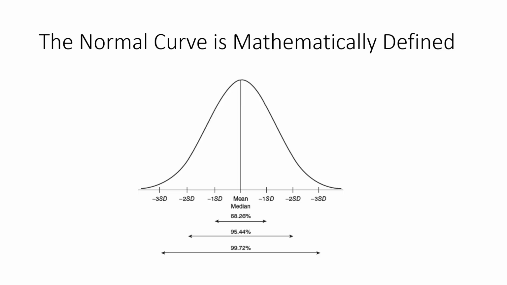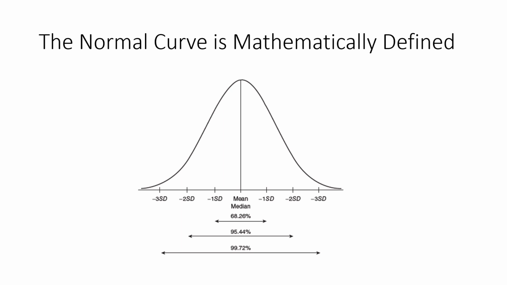Now you'll recall earlier that I said that the normal curve is mathematically defined and that our knowledge of the geography of the normal curve is what enables us to make that quantum leap from the sample to our population. This is a bit of a difficult concept to grasp, but I'll do my best to explain it as best I can.